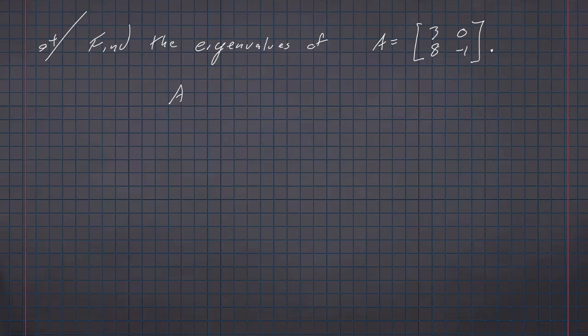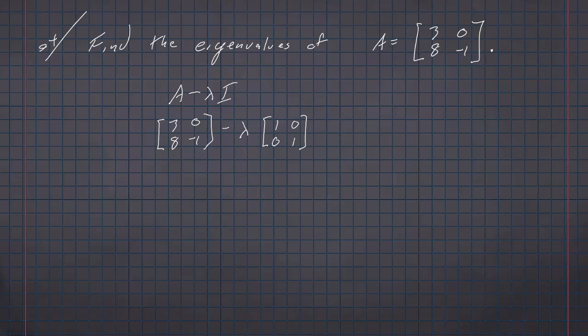So we're going to look at the characteristic equation. We're going to look at the equation A minus lambda times I. A in this case is 3, 0, 8, negative 1. And because we're dealing with a 2x2 matrix A, we want the 2x2 identity matrix 1, 0, 0, 1.